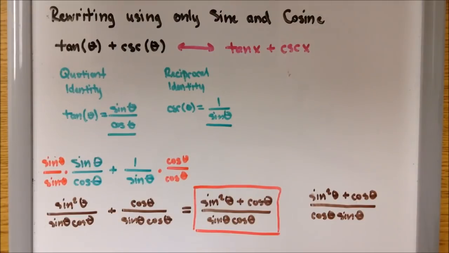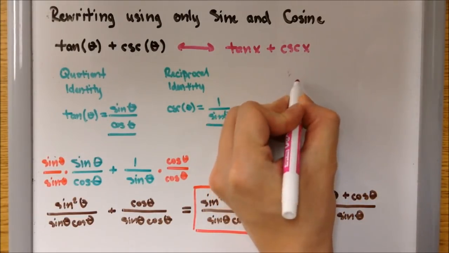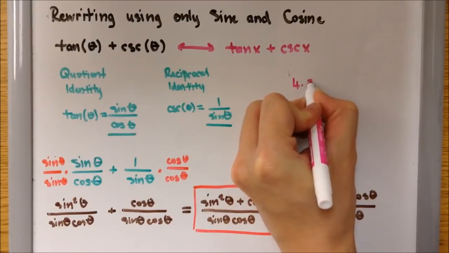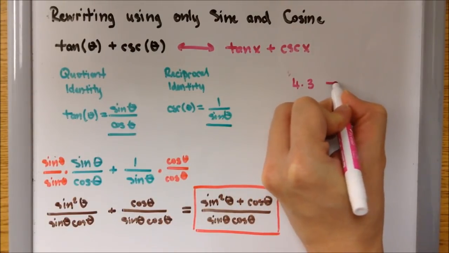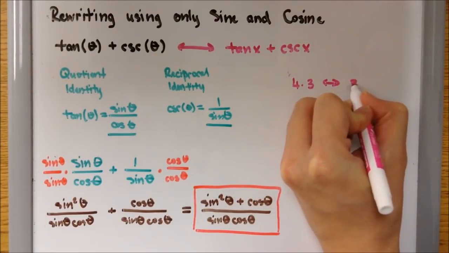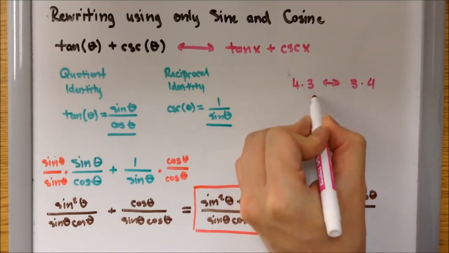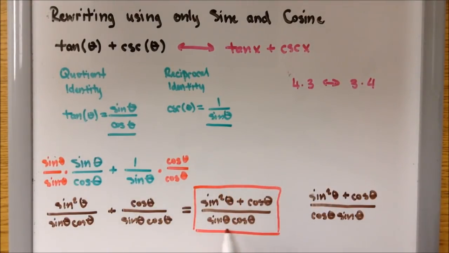It's okay if it's in a different order, as long as it's multiplying. For example, 4 times 3 versus 3 times 4, see how the numbers switch? It's the same thing with these trig functions. Even though they're multiplying, they switch.